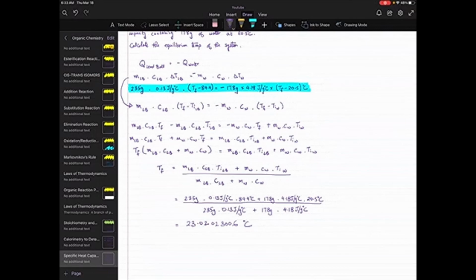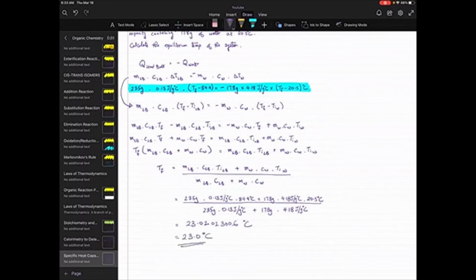And again, looking at significant figures, since most of the work was two decimal places, I'm not checking the significant figures carefully, so it should be 23.0 degrees Celsius.